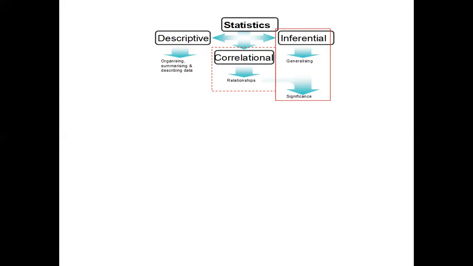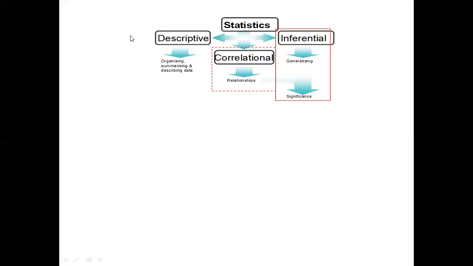Then the other class of statistics is what we call inferential statistics. With inferential statistics, we can generalize and make an inference about our study population. In our study design, when we have research questions, they can be responded to using descriptive statistics.